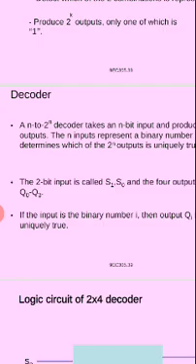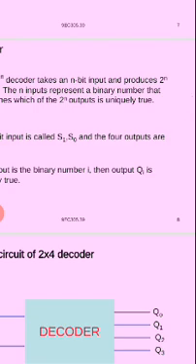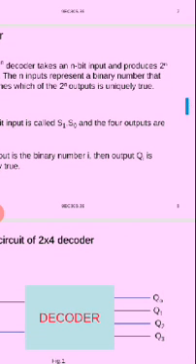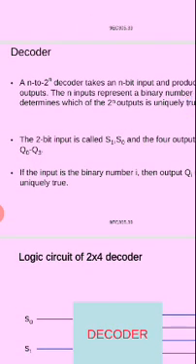The 2-bit input is called S1, S0, and the 4 outputs are Q0, Q1, Q2, Q3. If the input is the binary number I, then output Qi is uniquely true.